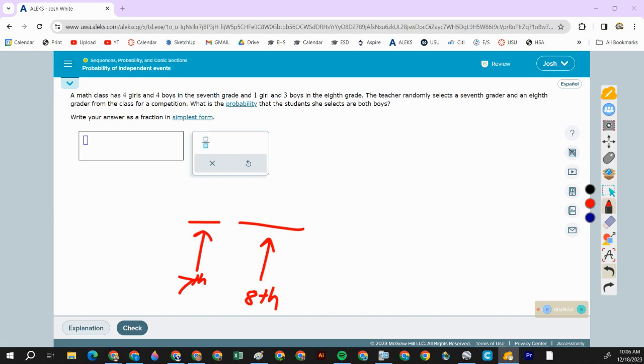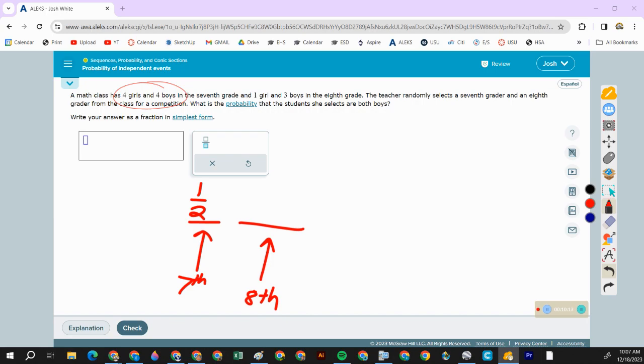What is the probability that the first person picked is a boy? Well, we're choosing from here. So it would be 4 out of 8, which is 1/2. Now, does the selection of the 8th graders depend on the selection of the 7th graders?